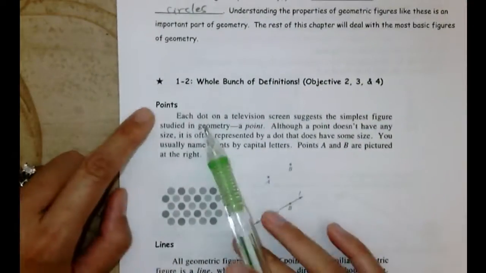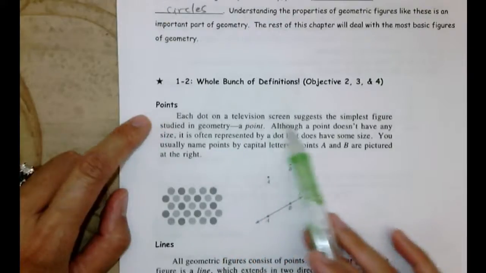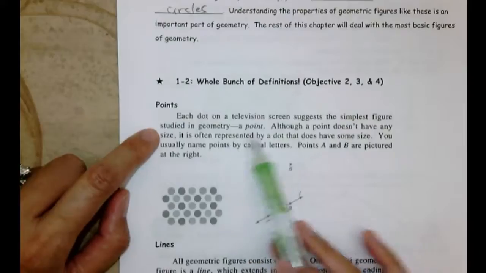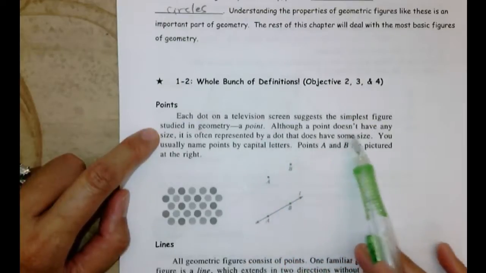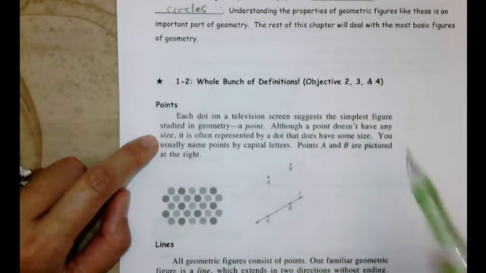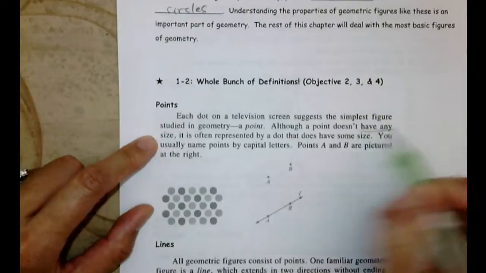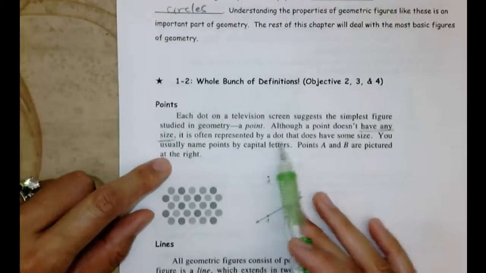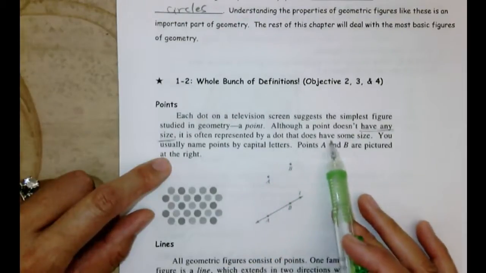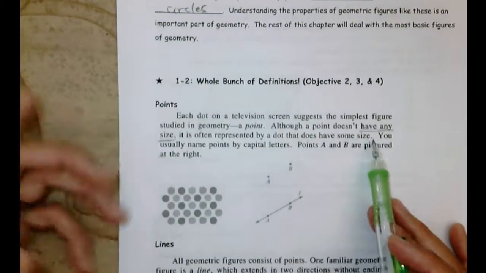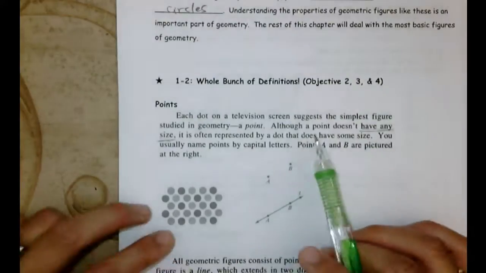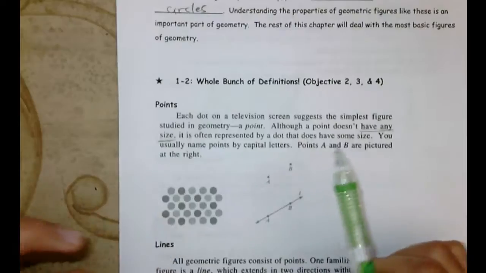The points. Each dot on a television screen suggests the simplest figure studied in geometry, a point. Although a point doesn't have any size, it is often represented by a dot that does have some size, because you have to draw it. But in geometric terms it doesn't have a size. It's just the concept of a point.